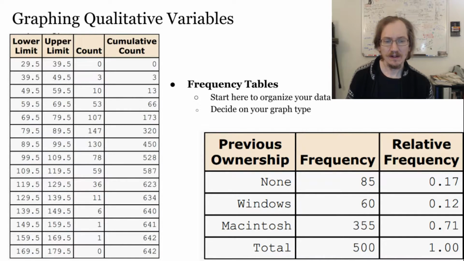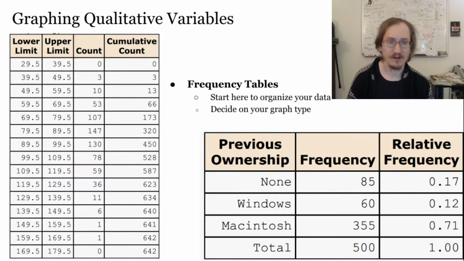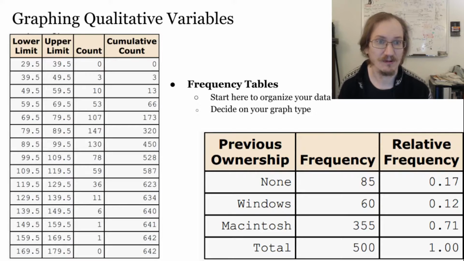The graph on the lower right, below my face, is a typical frequency table where the categories are the different rows, along with the frequency with which each of these categories occurs in the data, how many times it occurs. The relative frequency is like a percentage of the overall frequency that that category occurs.